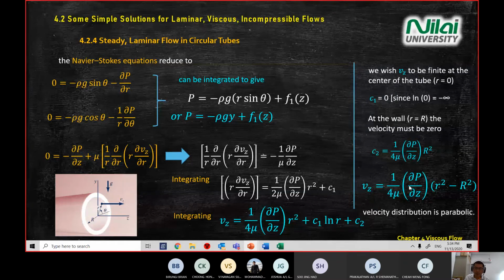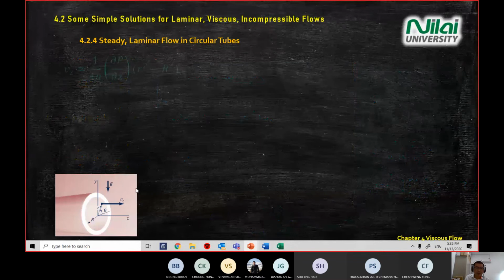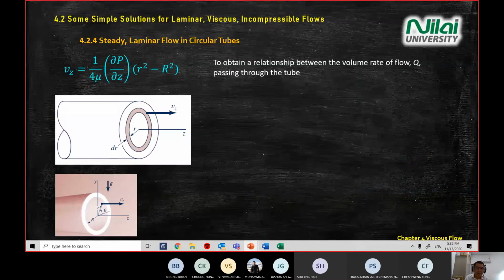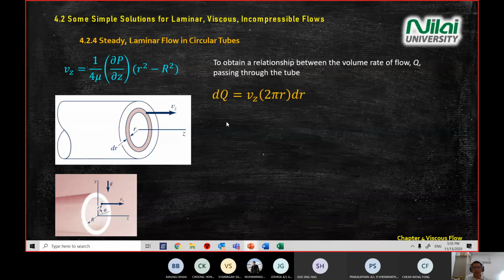This is a parabolic distribution equation. The next few slides are just mathematical derivation, so you can read from the slides. Next, we're interested to find the Q. For Q, you take the velocity times the circumference and the change of dr. dr is the change of r.